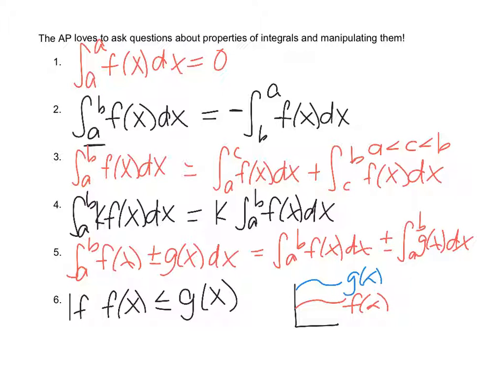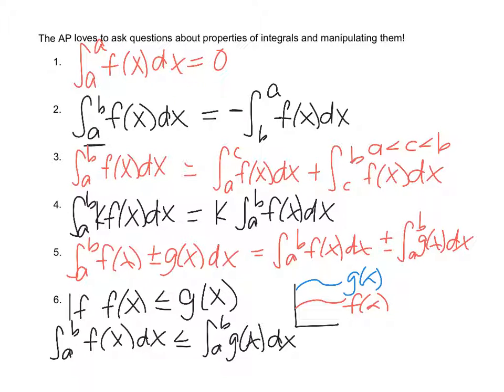Then that means that the integral from a to b of f of x dx is also less than or equal to the integral from a to b of g of x dx. Which makes sense, right? Because you're saying that the area under the curve of f of x is smaller than the area under the curve of g of x, which is true if g is always above f.